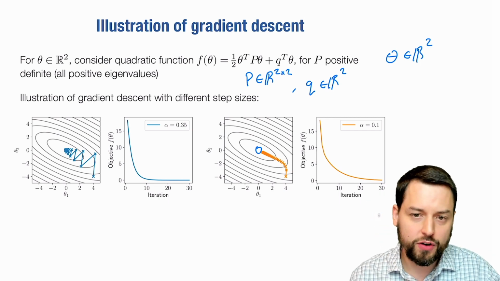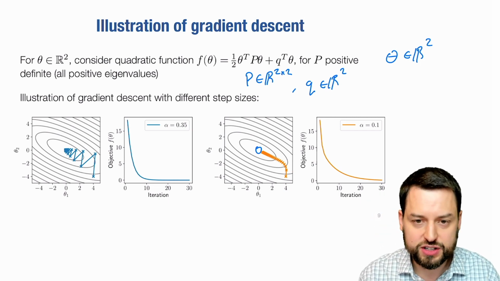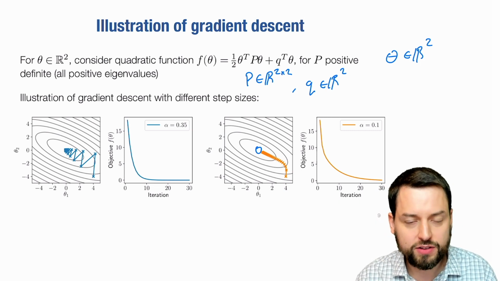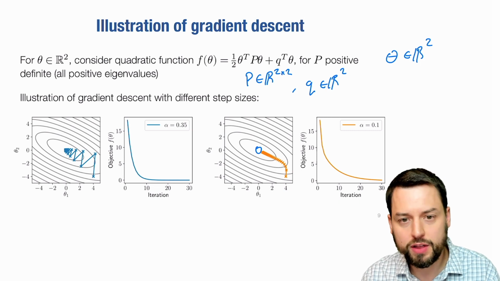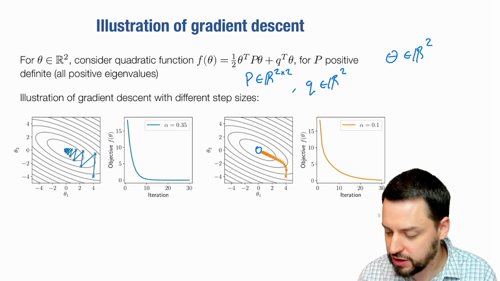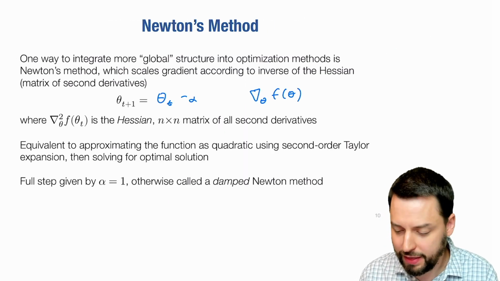And it turns out for quadratic functions, or really for convex functions in general when they're approximated by a quadratic, you can directly correct for this using what's called the Hessian, which is essentially a set of second-order derivatives of the function.